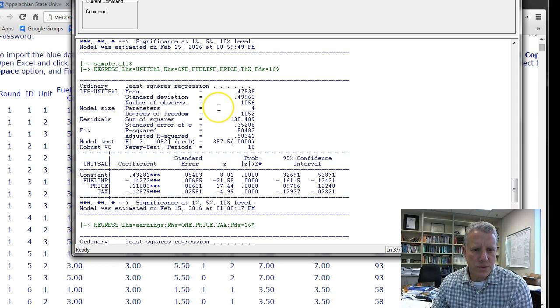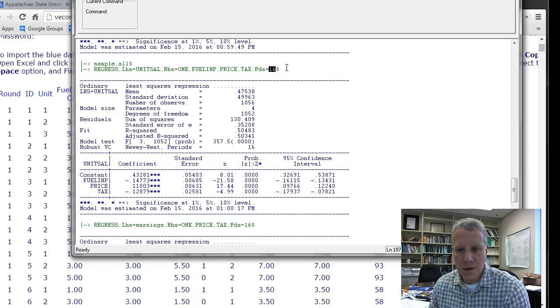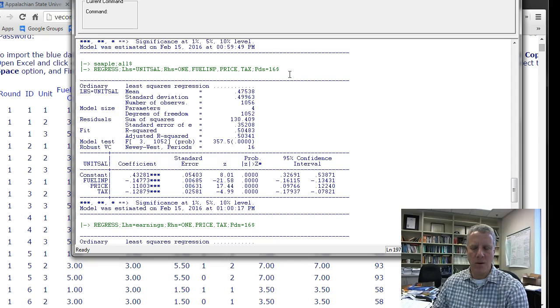And so in my command, I specified that there were 16 periods, which allows the error term to capture a constant error for each person. So there's some more statistics behind that, but in short, this is a better model than if I just ran it all by itself without telling the computer that there's 20-some people who participated in the experiment and not 1,056 independent decisions.